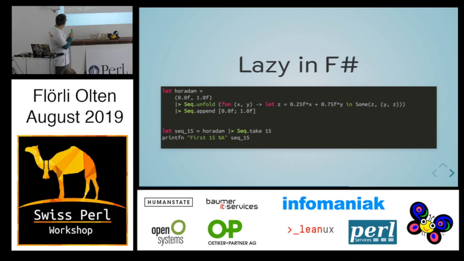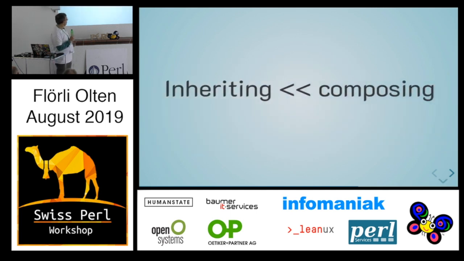Only when you tell it, okay, we're on the Horadam sequence, and we're going to apply it to the first 15 elements. That's very efficient in terms of memory. It's very efficient also in terms of computing, because you're not computing what you don't need to compute. You're not computing the first 100 elements or whatever, only 15. So laziness is good. It's always good.